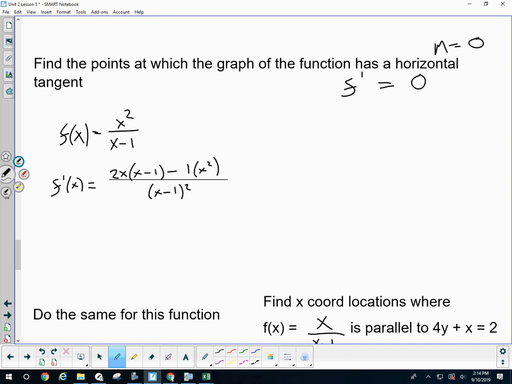And I'm setting this equal to 0. I have a fraction equal to 0. What do I have to concern myself with? What is a fraction equal to 0?